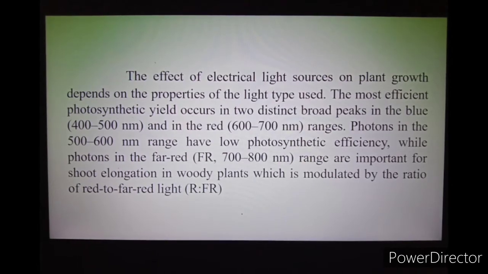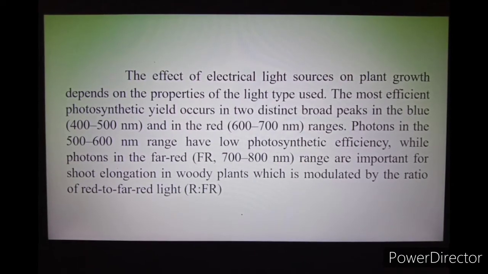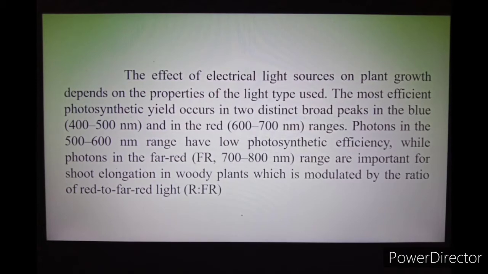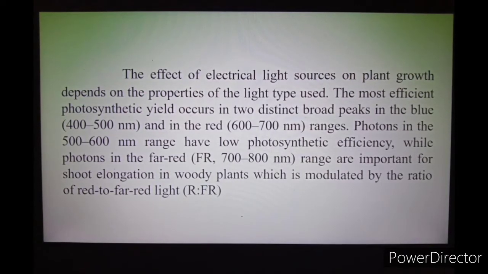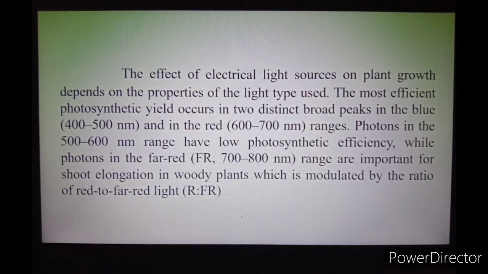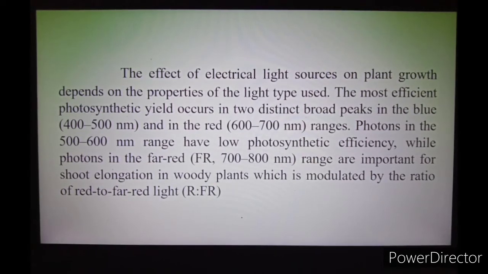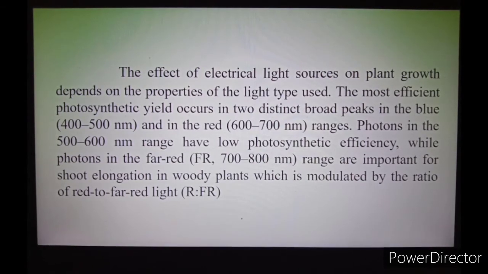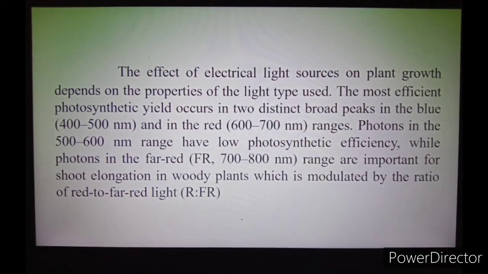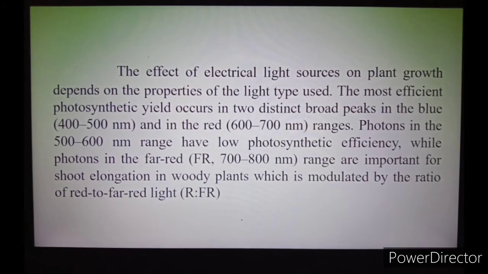Photons in the 500 to 600 nanometer range have low photosynthetic efficiency, while photons in the far red, 700 to 800 nanometer range, are important for shoot elongation in woody plants, which is modulated by the ratio of red to far red light.